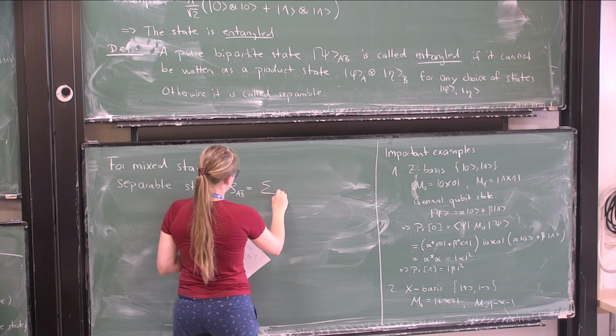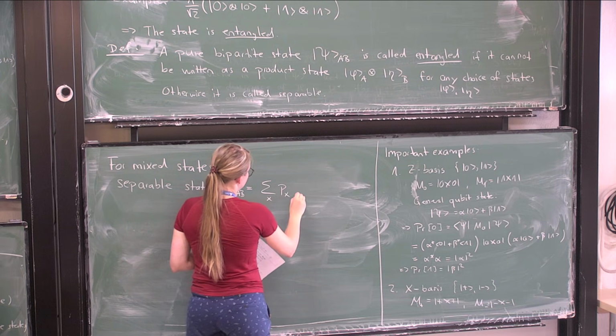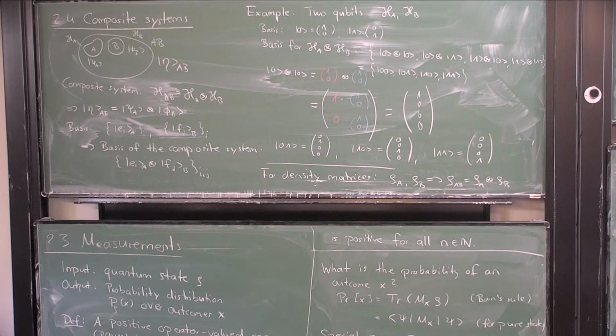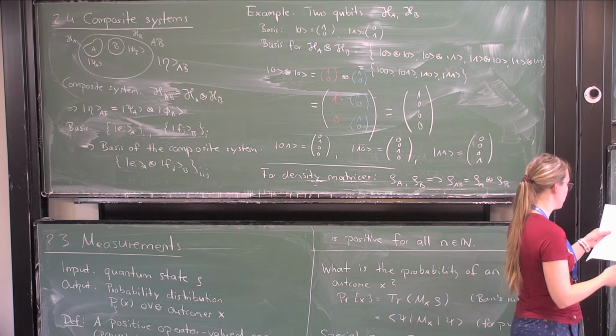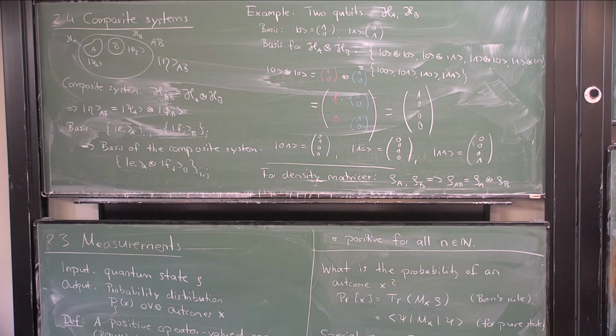So mixed state: a linear combination, where this is some probability distribution. So the entangled state is one that cannot be written as a linear combination of products.